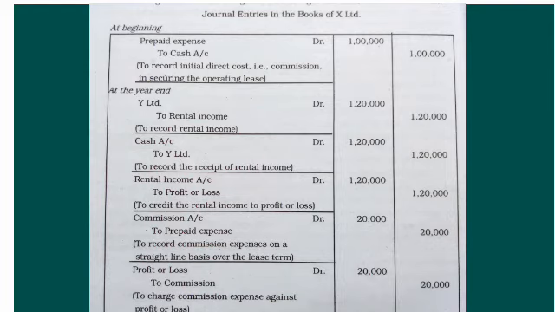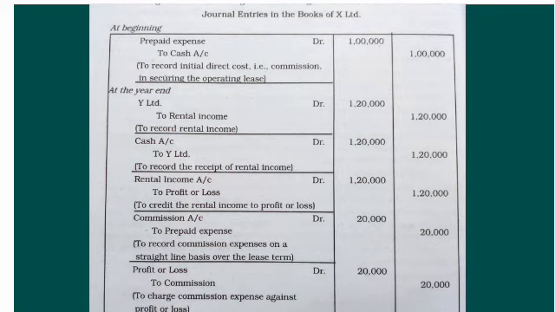Then at the end of each year, the first entry is Y Limited account debit to rental income, to record the rental income. We know that 1,20,000 rupees is the periodic rent, so the rental income is 1,20,000, debited to Y Limited.